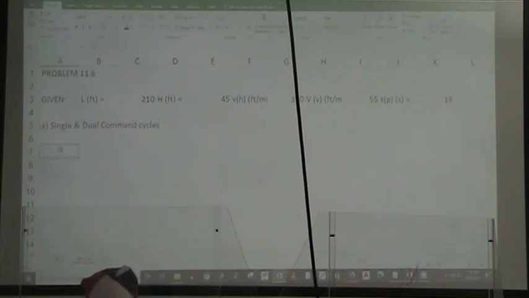All right, so the time for the single command is equal to twice the maximum of 0.5 times the length divided by the speed in the y direction. I'm just going to fix my notation here.